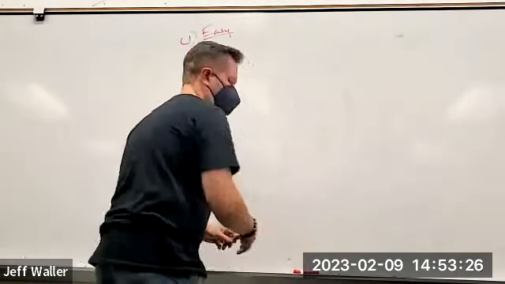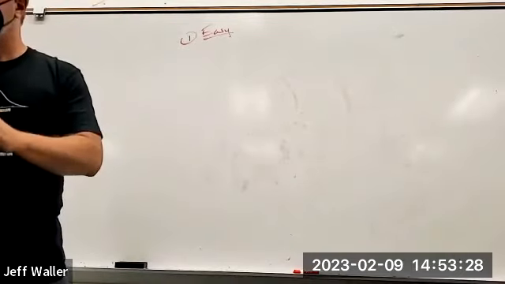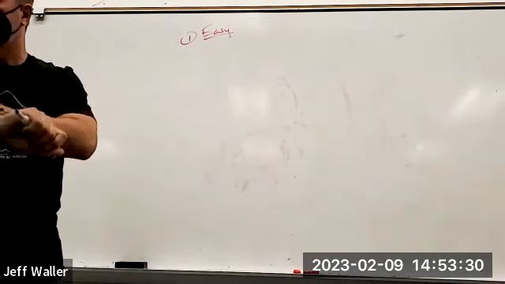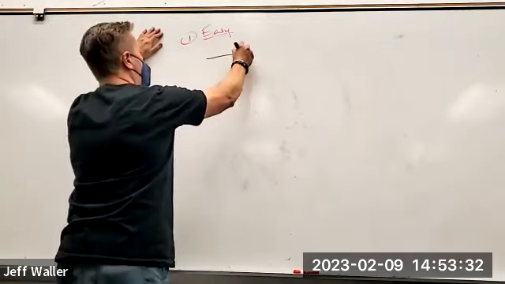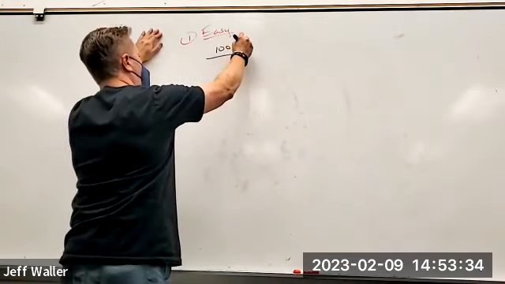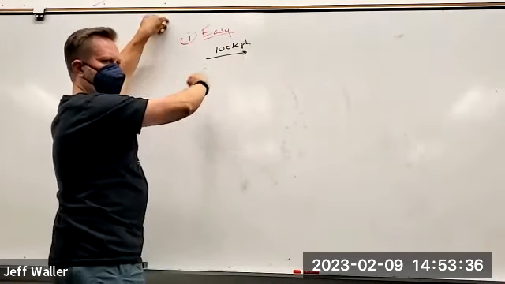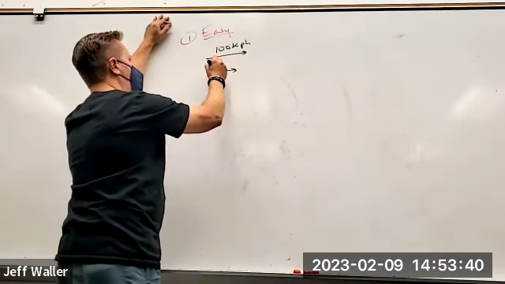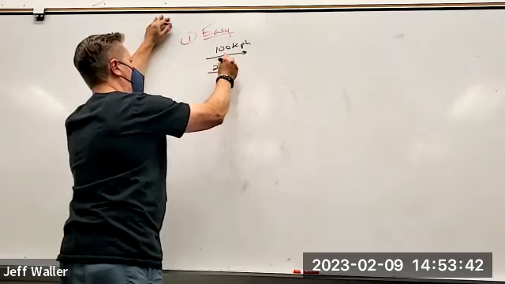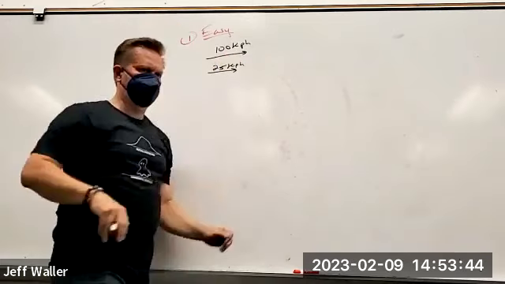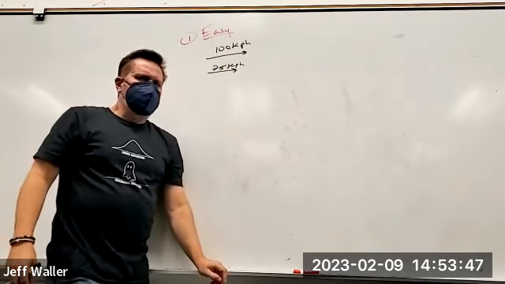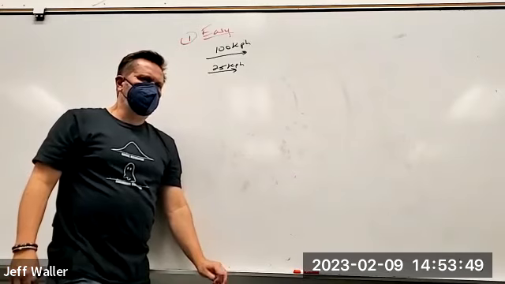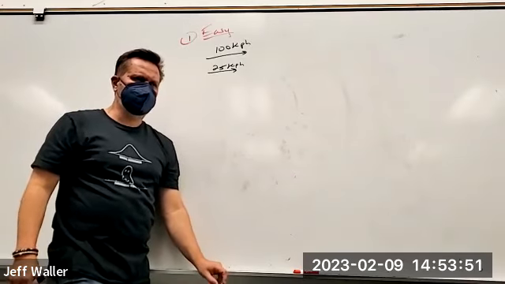Let's say there's an airplane going 100 kilometers per hour straight east, and there's wind going at 25 kilometers per hour east. How fast is the plane going to go relative to the ground?